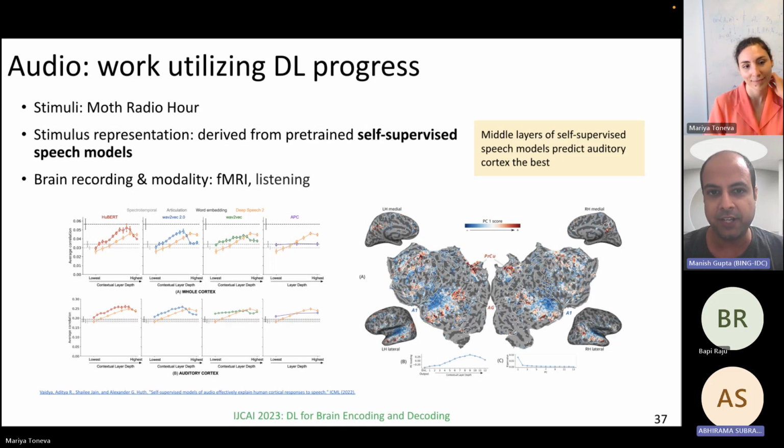We tried to see which of them are best aligned with the brain activations, exploring audio encoding from the perspective of fine-tuned Wav2Vec 2.0 models as well. So hope that helps you with your question.